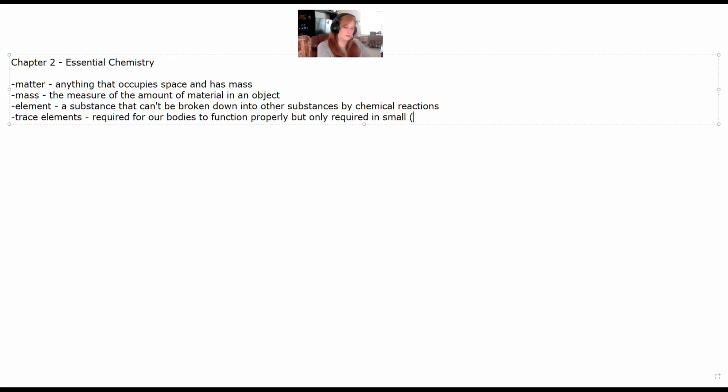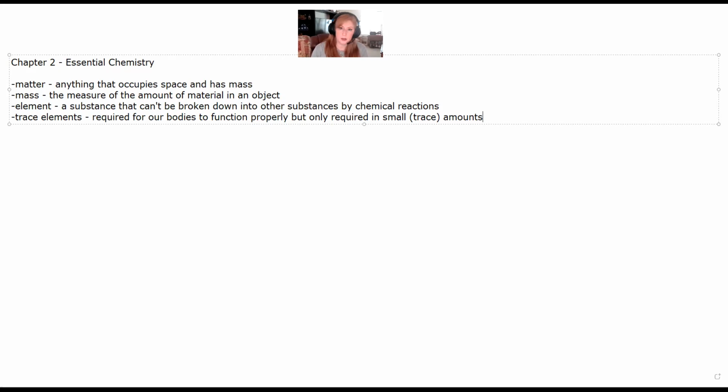Okay, so some examples of trace elements are things like fluorine or fluoride, iodine. There's a whole bunch that we need, but just in small amounts.